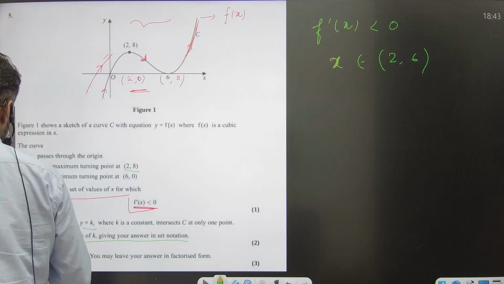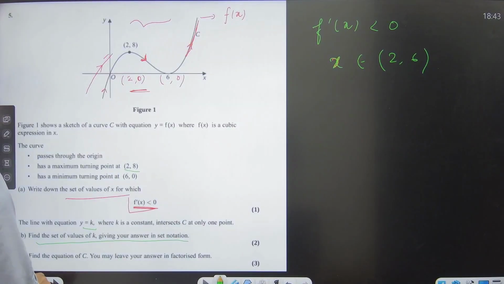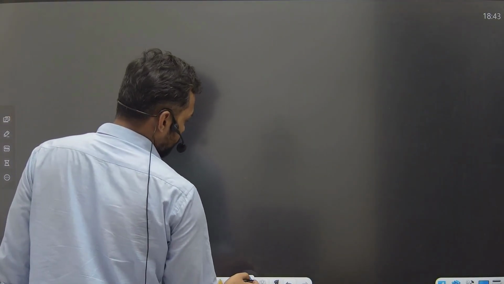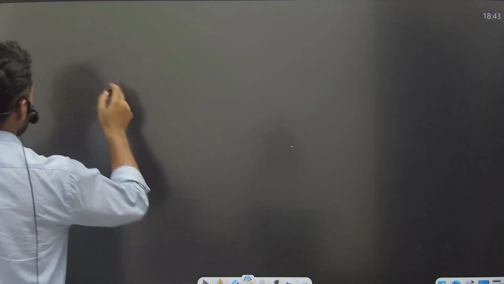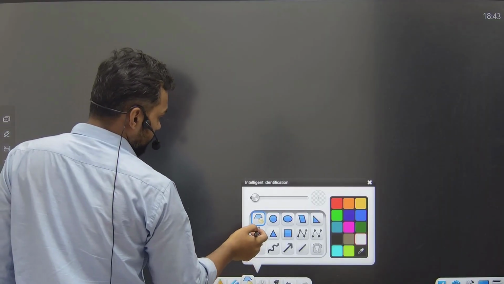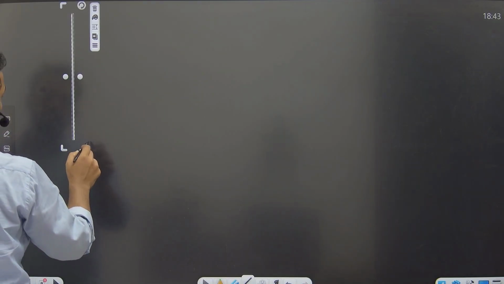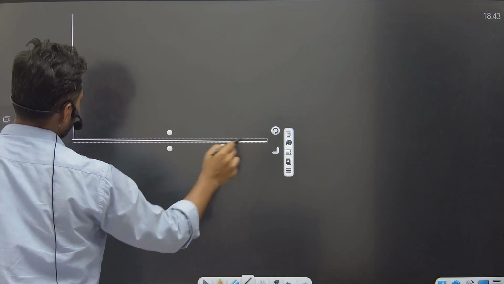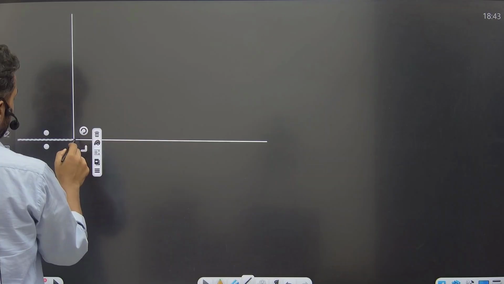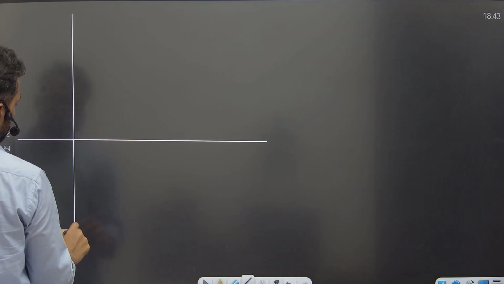So I'll draw one more graph for you here. Let's see this part first. This was our graph.